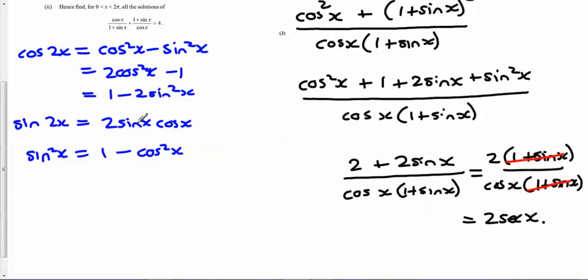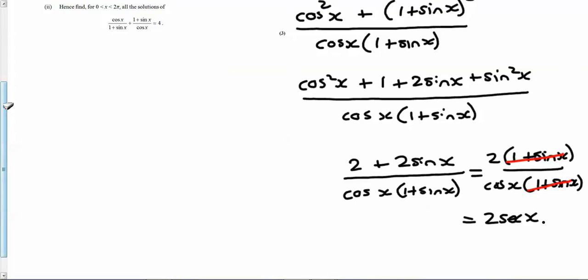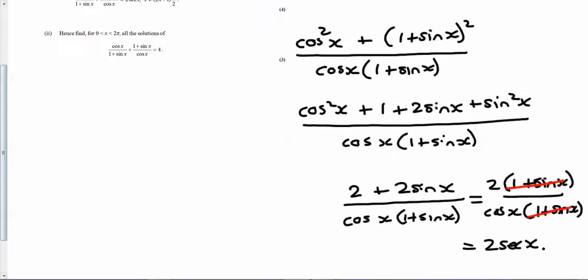Hope that helped. Now, our final part says hence find the solutions to this is all equal to 4. So if I just move our double angle formula out of the way, we can have a look at the final part. That's the very same expression we've just simplified down to 2 sec x.